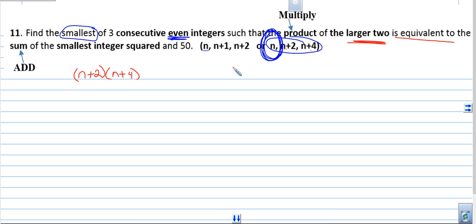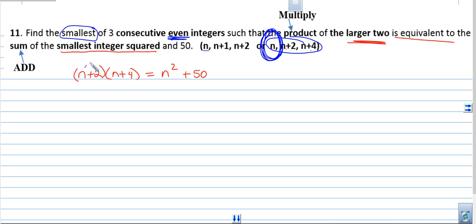Is equivalent to, which means equals, the sum, which tells you here, add, what? The smallest integer, squared. Which one's the smallest? Well, that's n, and we're going to square it, and 50. And remember, sum means add, so we're going to add 50. Okay?